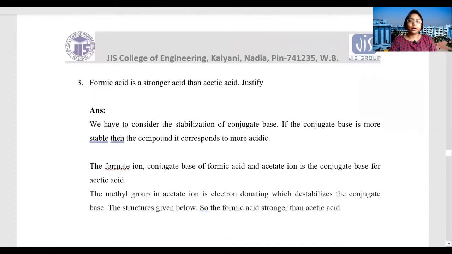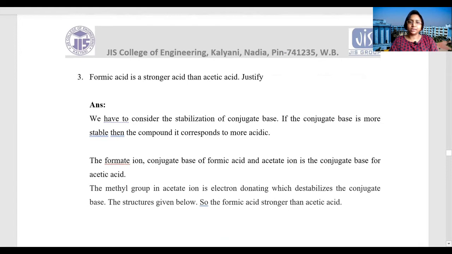Next, why is formic acid a stronger acid than acetic acid? When you justify acidity, like in the first question, again you have to take the conjugate base. For formic acid, the conjugate base is the formate ion. And the acetate ion is the conjugate base of acetic acid.